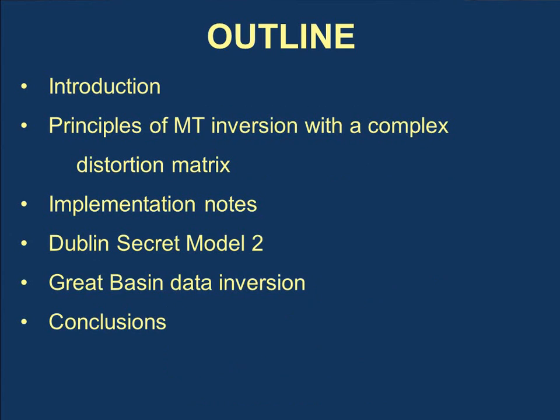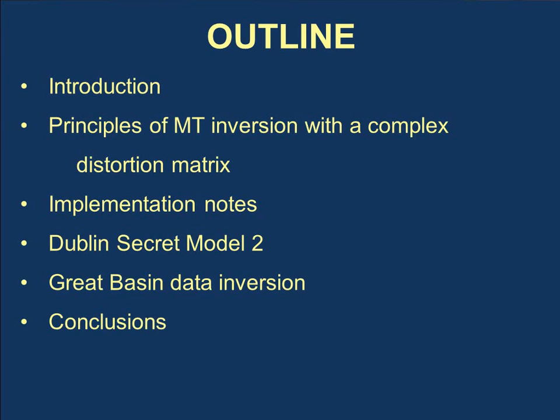Here's the outline. I will start with an introduction and tell you a little bit why we want a new development in MT inversion and what's been done in the field before. Then we will look at the principles of MT inversion with distortion matrix. This is our new development, the complex distortion matrix. A little bit of theory there; I hope to go through it pretty fast.